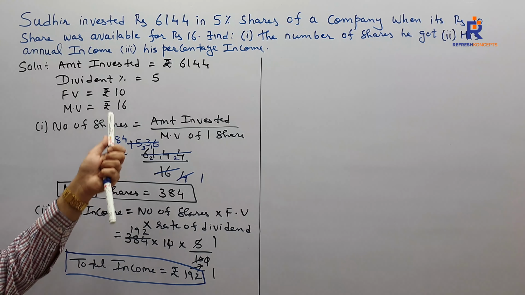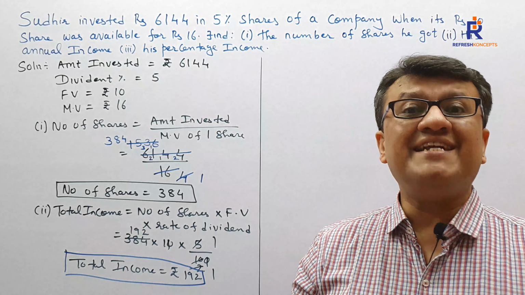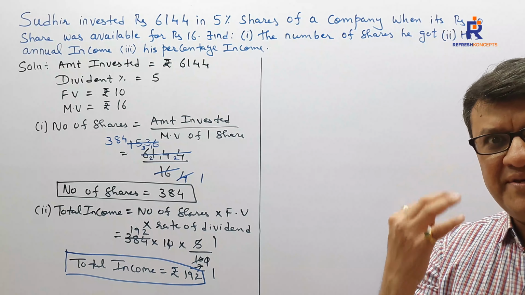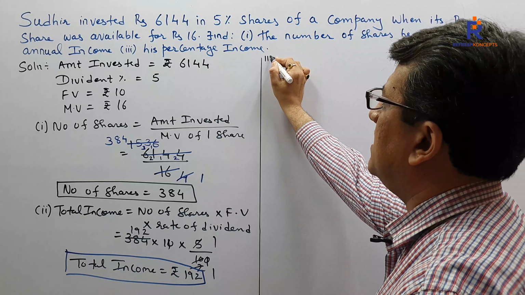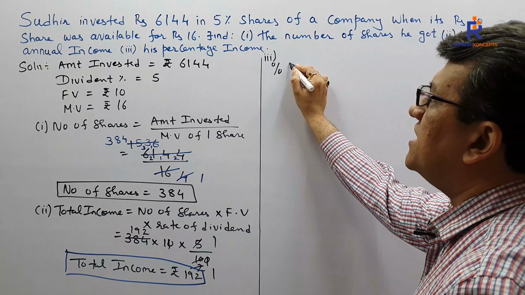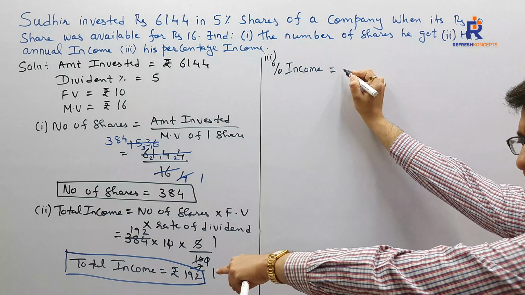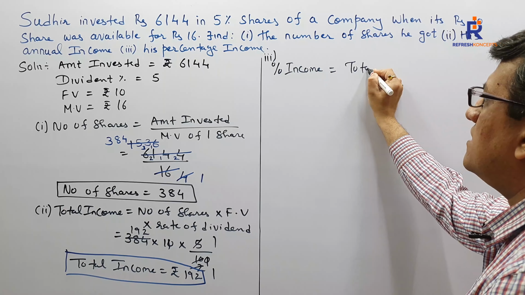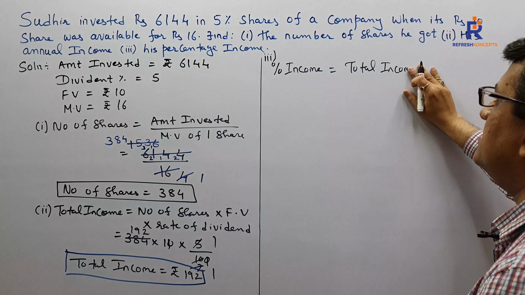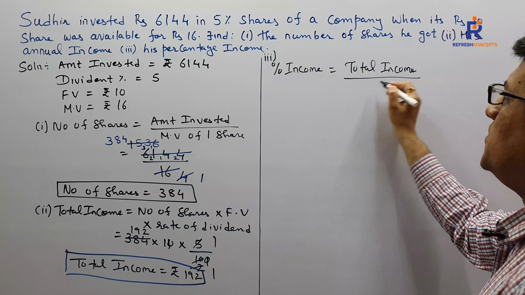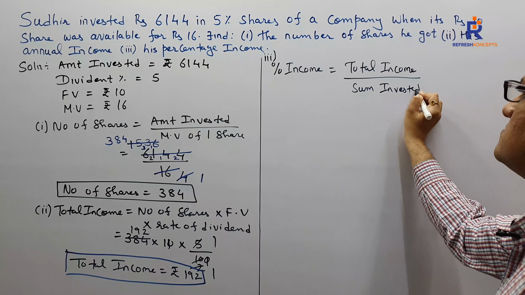Right? Next, what is the percentage income? That is the rate of return. Formula number 3. What is the rate of return? Percentage return or percentage income. This is the third one. Percentage income is nothing but total income upon sum invested into 100.